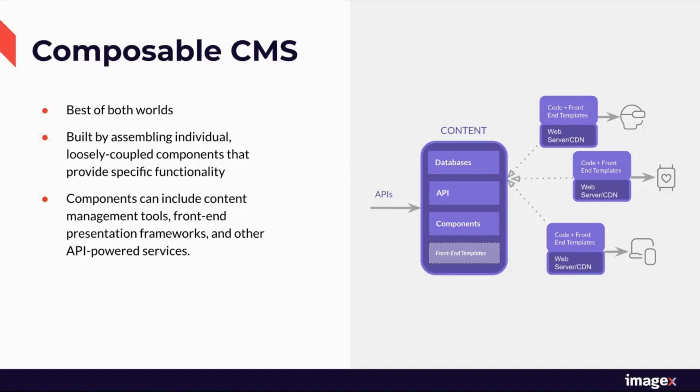It can have some front-end templates and essentially that front-end layer as well, so it can still behave like a monolithic CMS and provide, for example, the main website, but also connects to front-end applications. Those might be multi-channel applications, mobile apps, and so forth. Components can include different content management tools, front-end presentation frameworks, perhaps, and other API-powered services that might be complementary to what the CMS itself does.